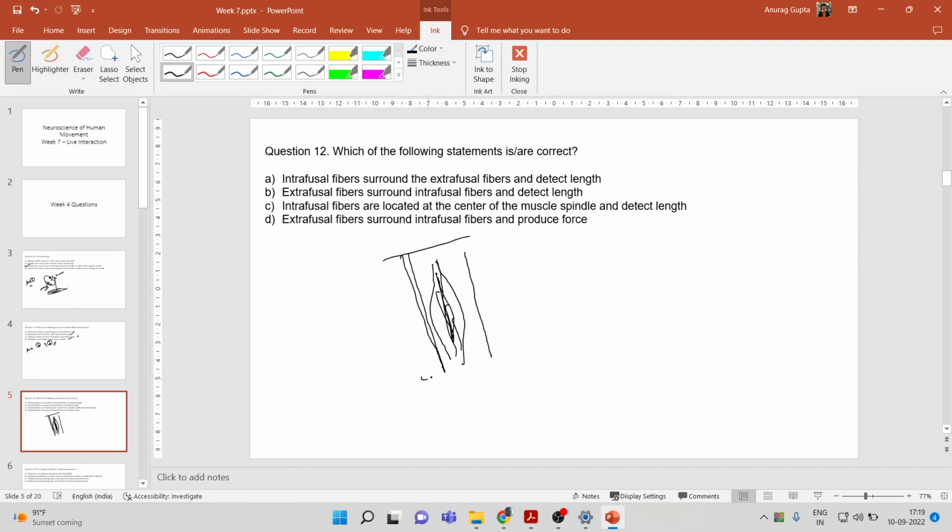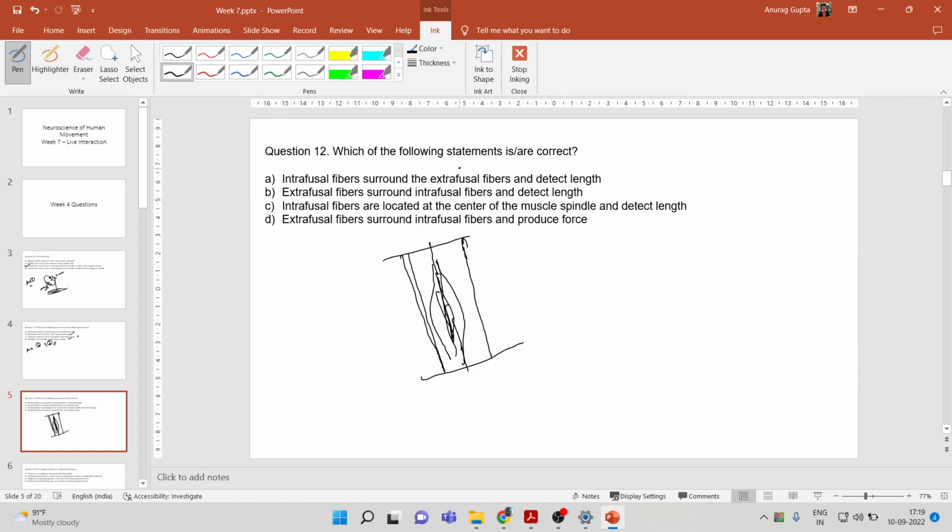Whenever the extrafusal fibers lengthen or contract, since this is in parallel, the intrafusal fibers either lengthen or decrease in length based on the length of the extrafusal fibers.